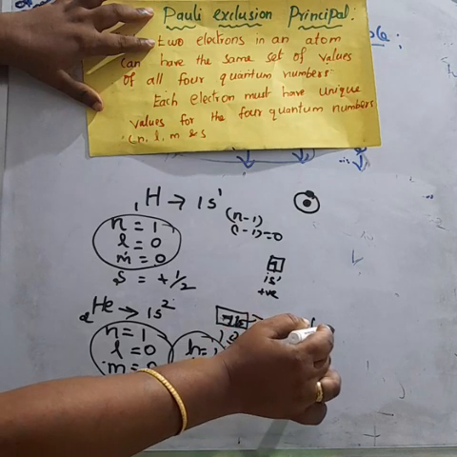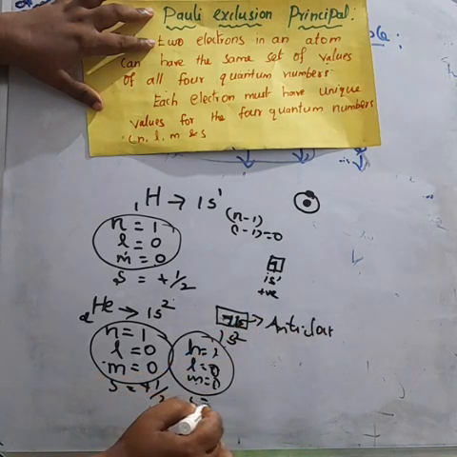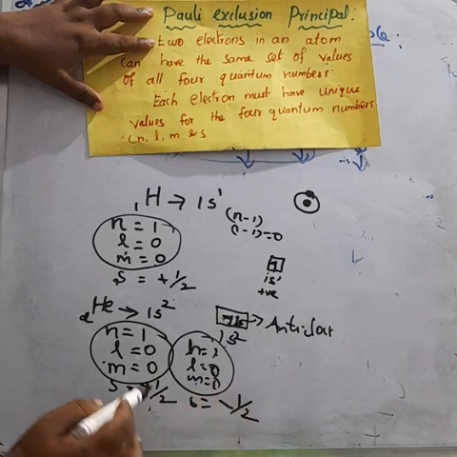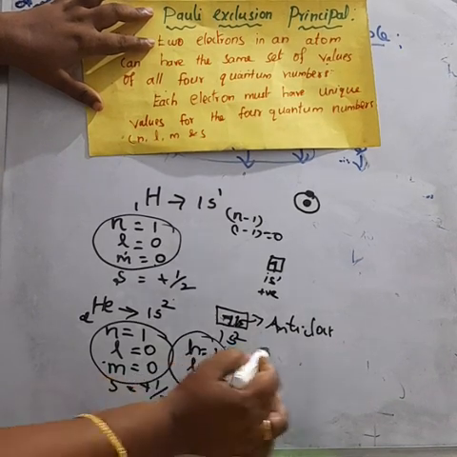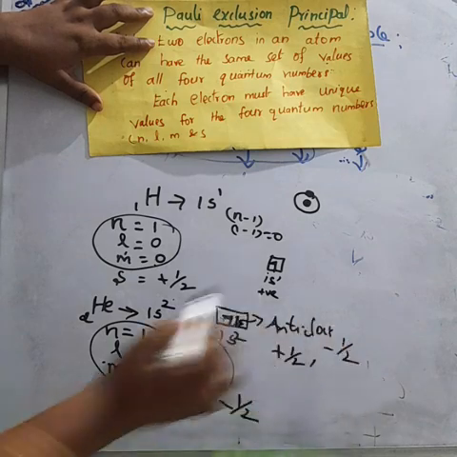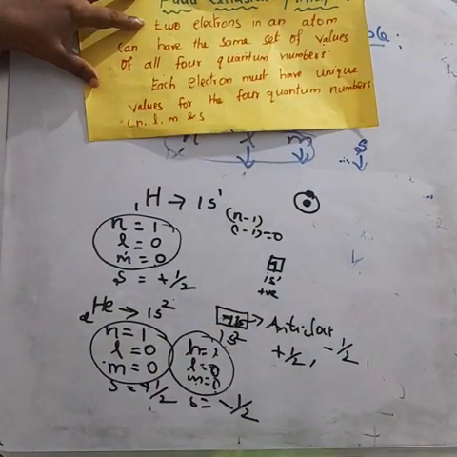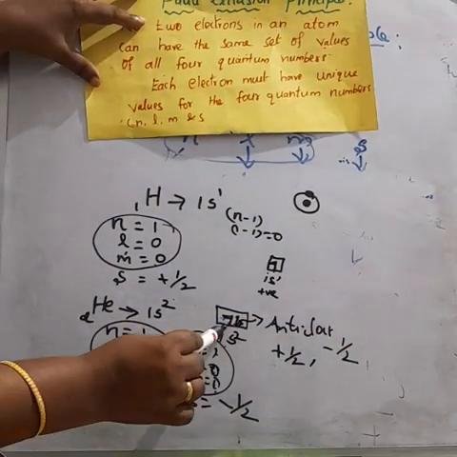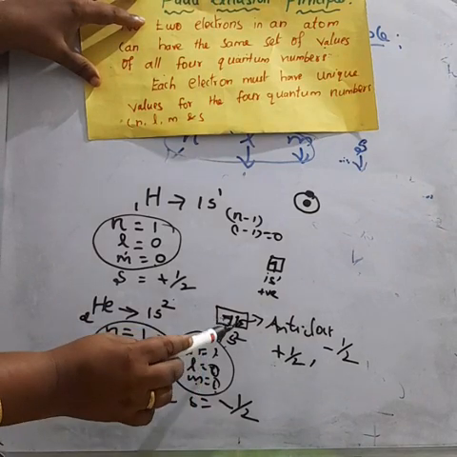Understood? As we know, spin quantum number can have only 2 values, plus half and minus half. Only 2 electrons can be accommodated in a given orbital in accordance with the Pauli exclusion principle.